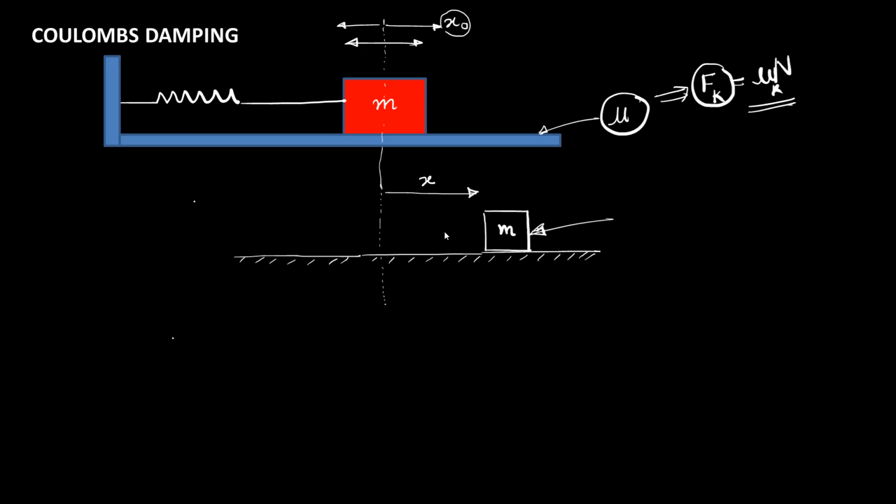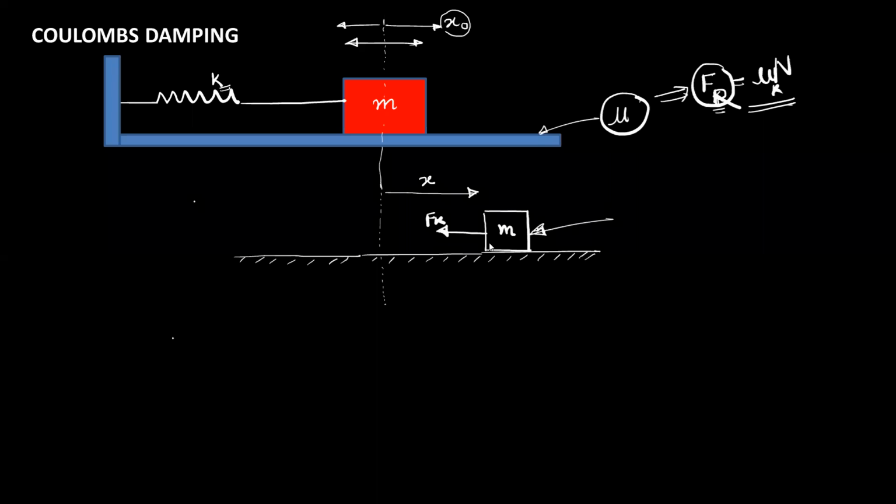So what are those forces? One force will be the spring force, which is offered by this spring having the constant K. So this is the Fk. The second force is the frictional force, which I will denote here as Fr.